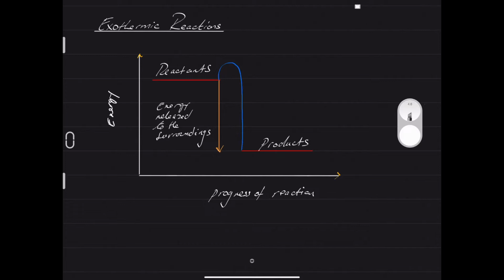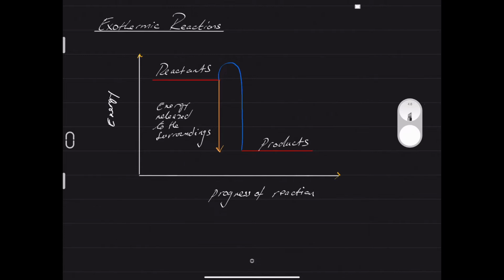Now the products are at a lower energy level than the reactants. This means that when the reactants form the products, energy is transferred to the surroundings. And the difference between the energy levels of the reactants and the products is the energy change during the reaction, and that's measured in kilojoules per mole, as we just talked about with the units before.